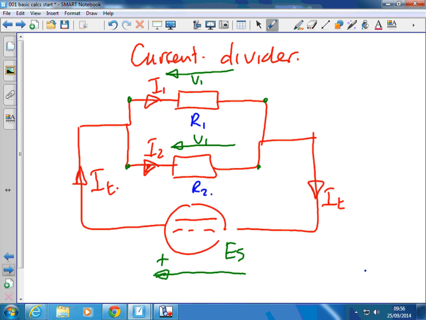Right? These two currents add up to IT. That's Kirchhoff's current law. We don't lose any. Alright?